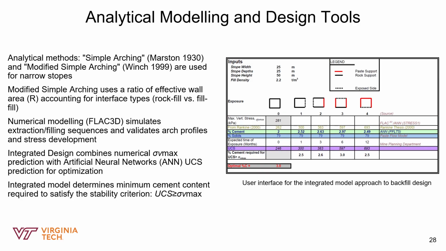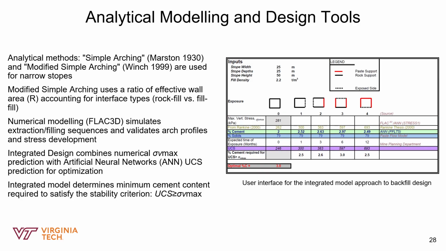So let's look at the user interface image on the top right. This is what the design engineer actually sees. We have input parameters like the stope width, the height, and fill density, and outputs, where the model calculates the maximum vertical stress. In this diagram, we see that as 281 kilopascals.